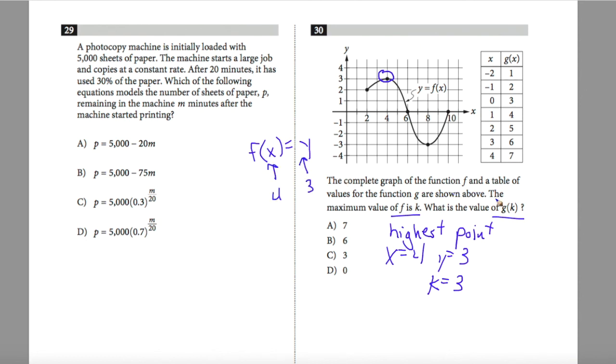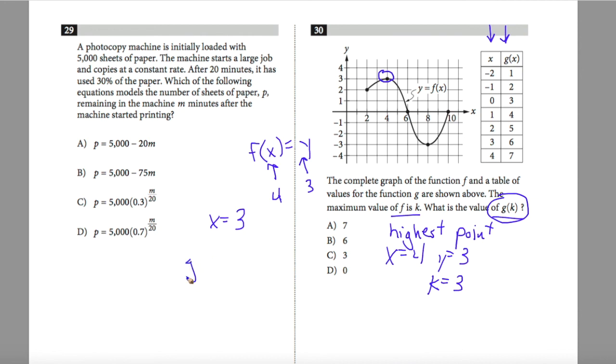And then the question says, the maximum value of f is k. What is the value of g of k? So what is the value when you are plugging in 3? Really what you're going to do with this information, given the x and the g of x, is that if you know that k is equal to 3, then you plug this into g of x.